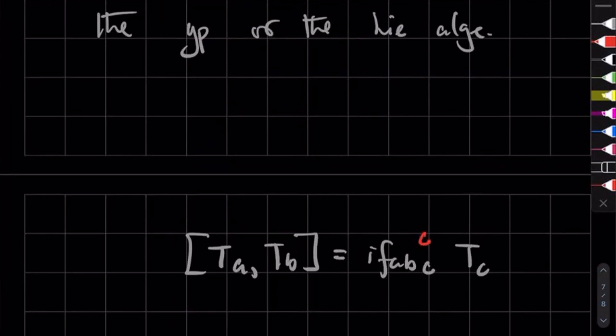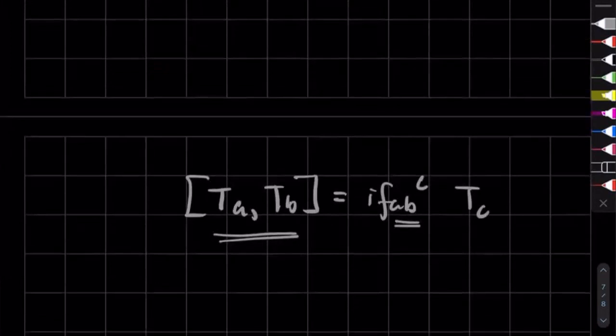I just chose to write the C upstairs because I know that the AB indices will be antisymmetric because the left-hand side is antisymmetric, right? So just to distinguish from the fact that it's antisymmetric in the exchange of AB, but there is no antisymmetry between B and C, I chose to write the third index upstairs, okay?